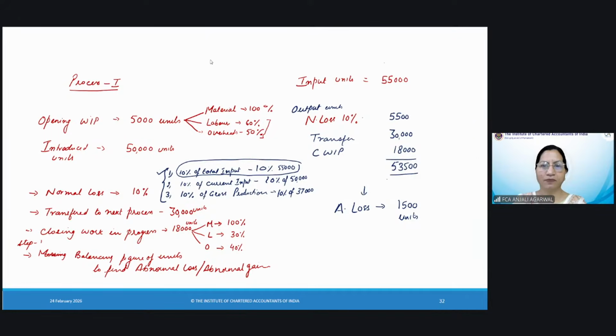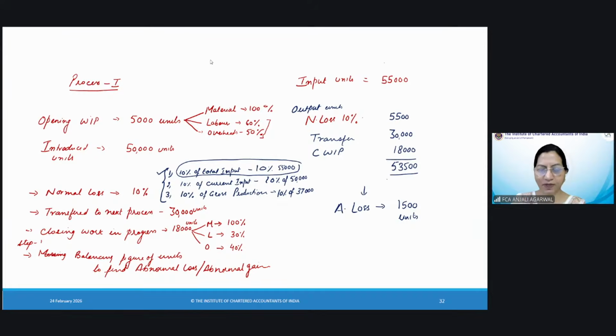Ma'am, closing WIP units, we have to compute equivalent units, right, ma'am? Right. No, not now. We are looking at the overall position, not now. We are not looking at the equivalent units element wise. We are first looking at the overall position to find out how much is the abnormal loss or abnormal gain. Equivalent units have absolutely no role to play when we are trying to figure out the balancing figure as abnormal loss or abnormal gain.